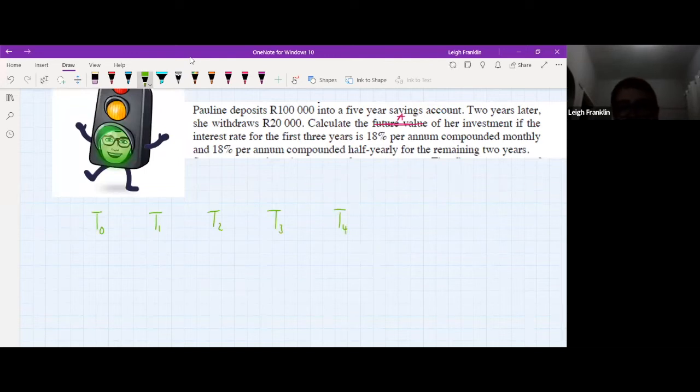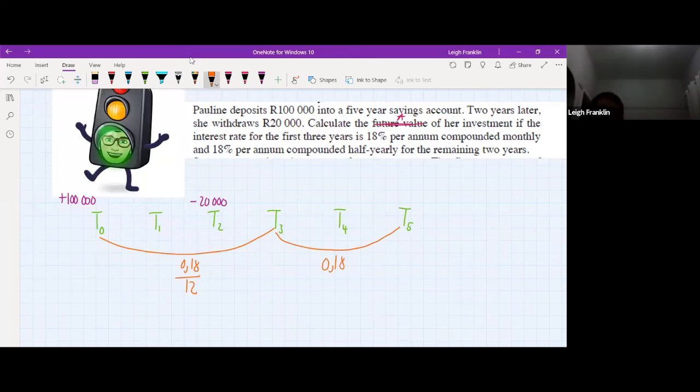I'm going to start doing the timeline. If the interest rate is compounded half yearly, what should we divide the interest rate by?